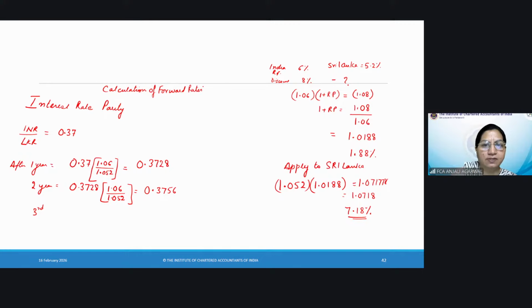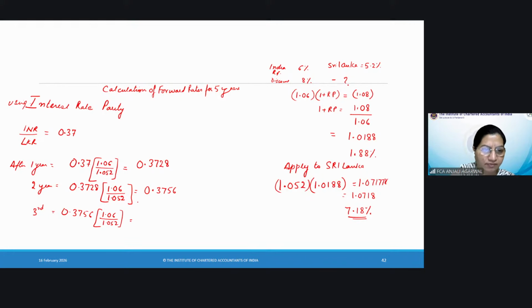for 5 years using interest rate parity. 0.3756 multiplied by 1.06 upon 1.052.